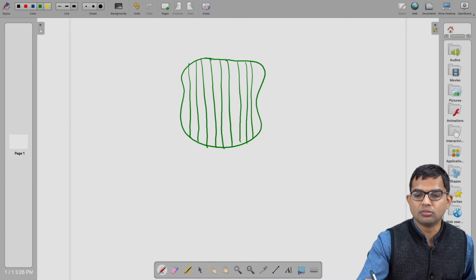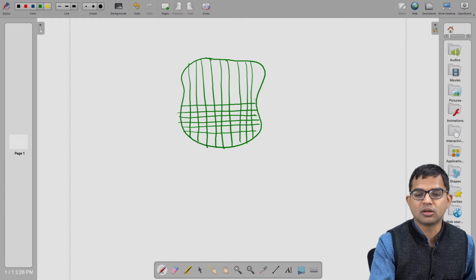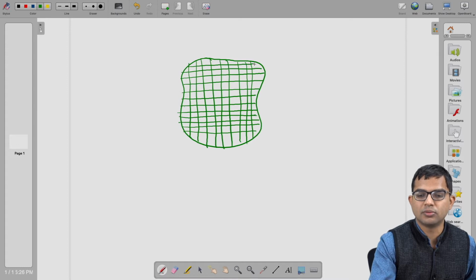You can draw lots of small squares, right? Each square, or rather rectangle, has dimensions of dx along the x direction and dy along the y direction. So if you do this, you can look at how this function f of x comma y varies in some small placket like this, right?